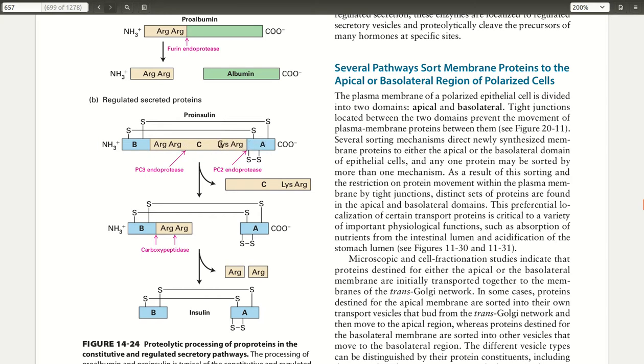They cut the sequence at this point, and you can see that this part is left in this blue part as well, and a carboxypeptidase could further process this to remove these arginines, and now the insulin could be bound by these sulfur interactions.